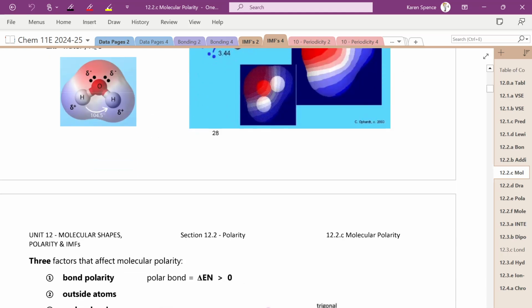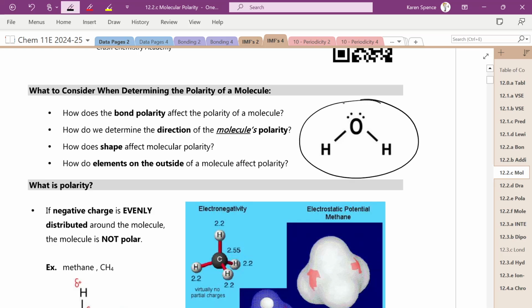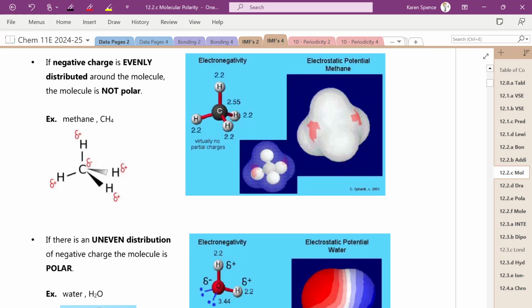This is on page 28. If you can look at this molecule and tell me whether it's polar or nonpolar, you're probably good to go. Is that polar or nonpolar? Polar.